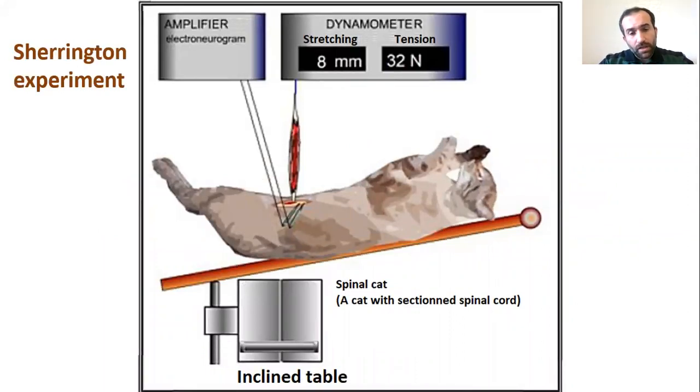But it can give us another important idea, since the cat on which the experiment was done is a spinal cat. What does this mean? This means that the cat has a sectioned spinal cord. Sectioned spinal cord means that at the level of the neck, the spinal cord is disconnected from the rest of the brain.